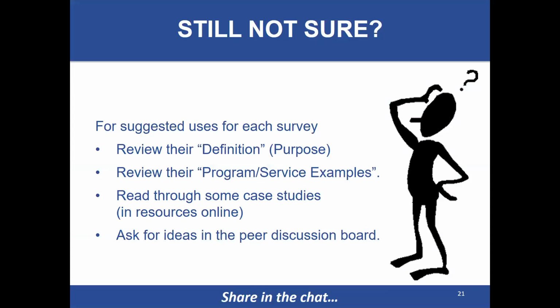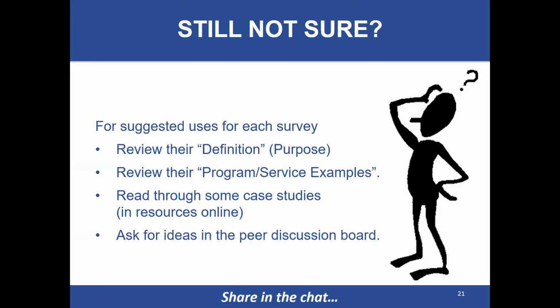If you're still not sure, if you're looking at these and you're kind of torn between which way to go, review the definition or the purpose, and then you can review the program service examples, and then you could read through some case studies in the online resources, and then you can also ask for ideas in the peer discussion board.